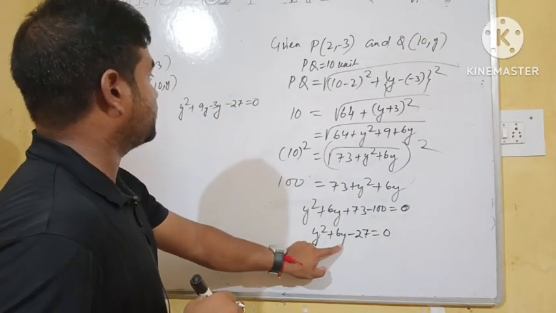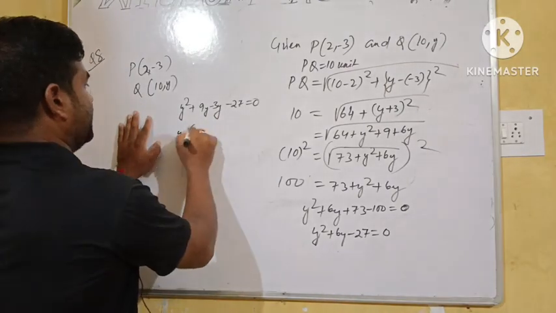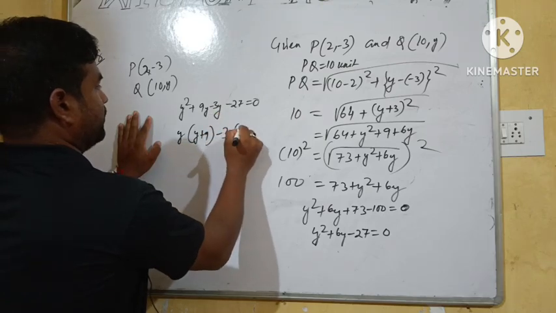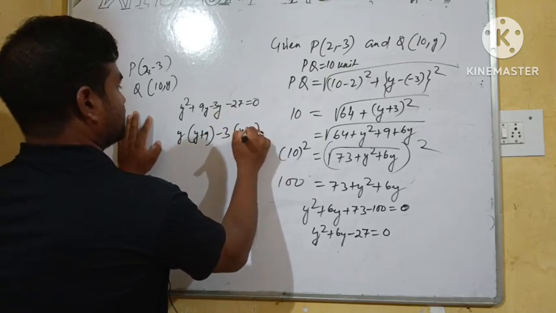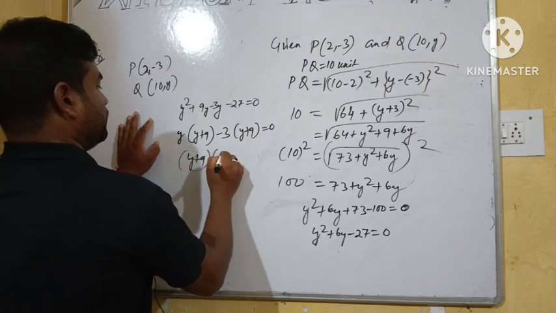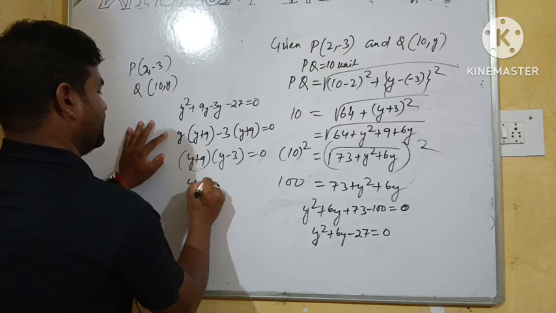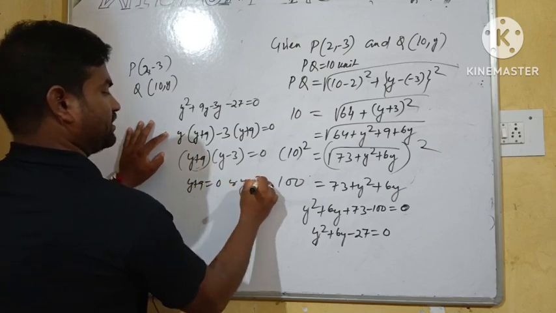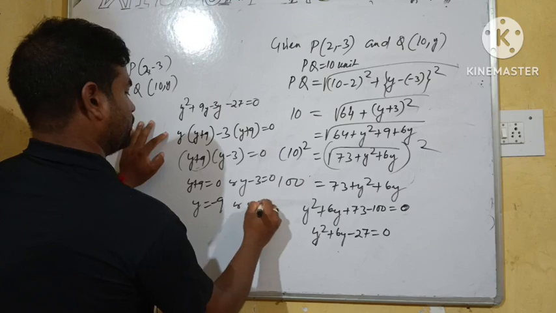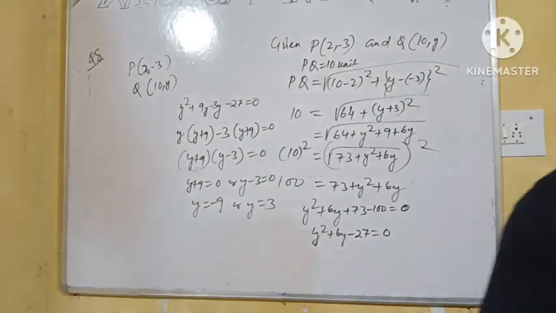Split the middle term 6y as 9y minus 3y. Taking y common, y plus 9, and taking minus 3 common, y plus 9. So (y plus 9)(y minus 3) equal to 0. Y plus 9 is 0 or y minus 3 equal to 0. Y equal to minus 9 or y equal to plus 3. The value of y is minus 9 or 3.